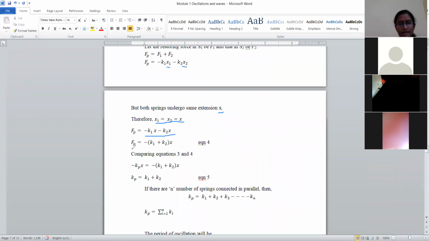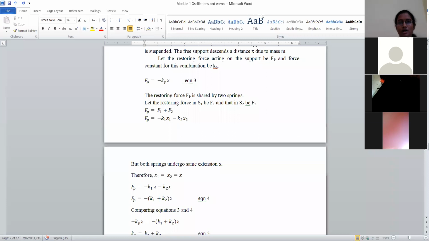Taking x as a common factor and minus, we have minus into (k1 plus k2) into x. Call this equation 4. And we had equation 3. What was equation 3? Equation 3 was Fp is equal to minus Kp into x. And equation 4 is Fp is equal to minus (K1 plus K2) into x.